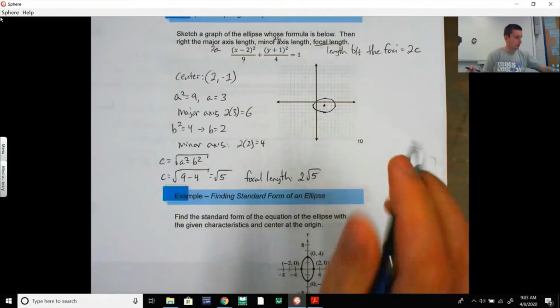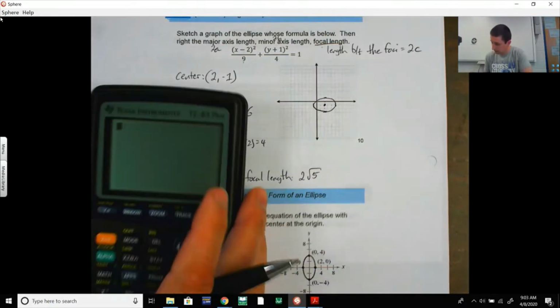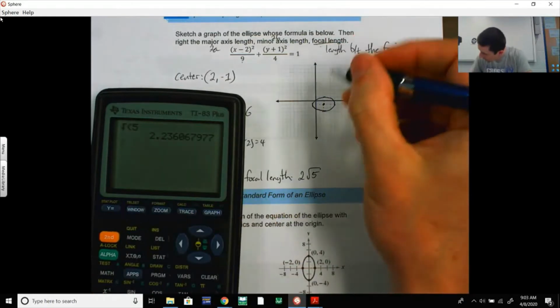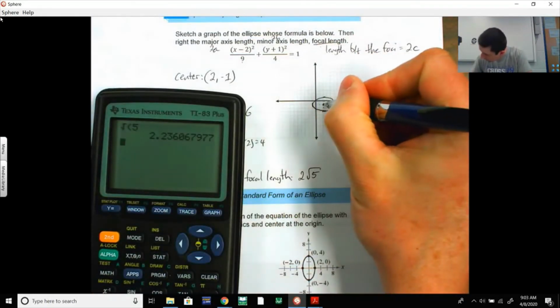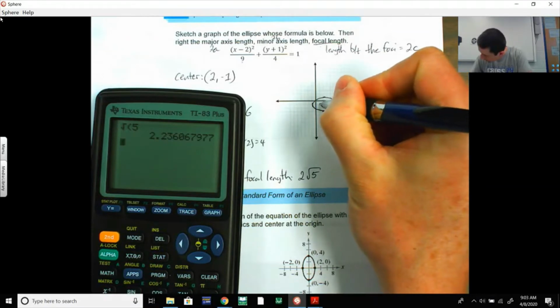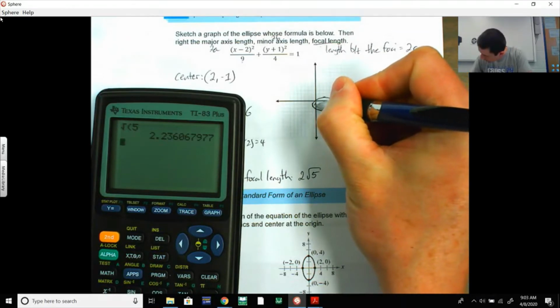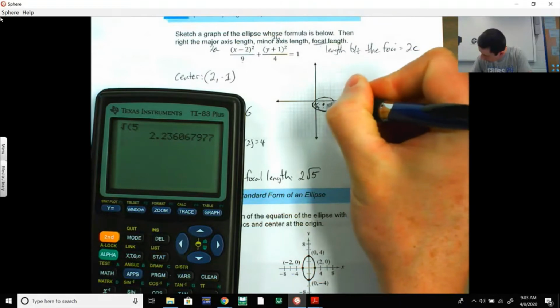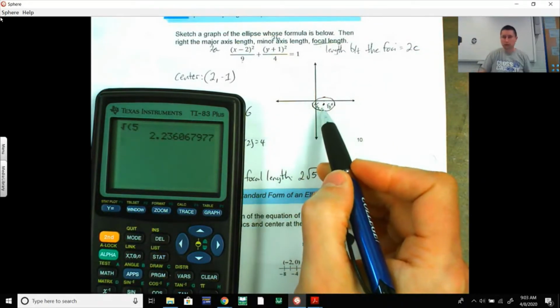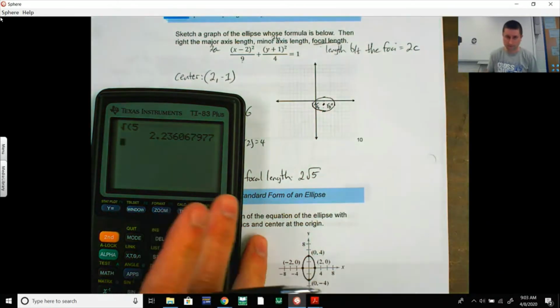The square root of 5, if you're graphing this, is about 2.23. They lie on the major axis, so F1 and F2 are 2.23 units away from the center on the major axis. Okay?